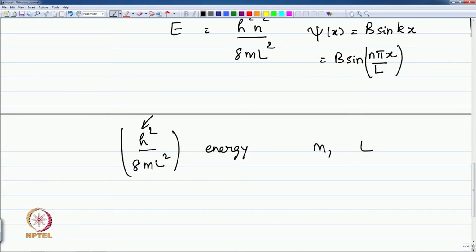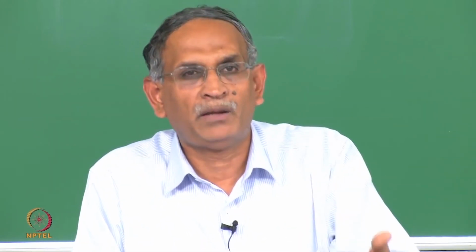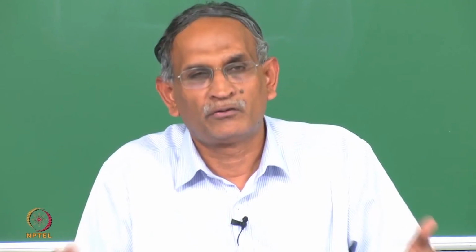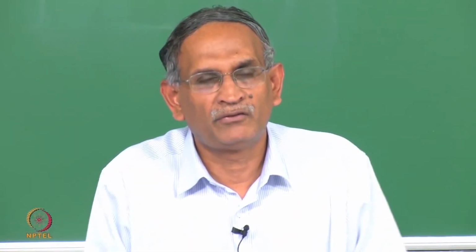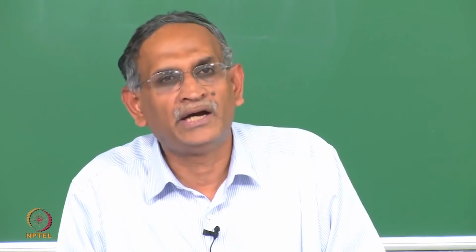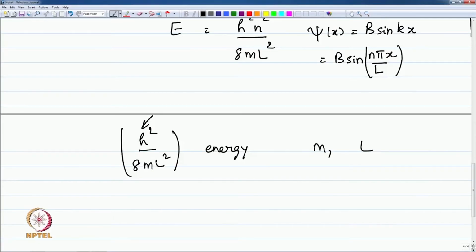So, now the energy seems to be quantized in terms of the two physical parameters that we introduced, whether a heavier particle or a lighter particle, in a smaller box or in a larger box, but with all the other conditions being the same, namely potential being 0 inside, the potential being infinite outside. Given that, you see that the energy is discretized and the energy is in the units of h squared by 8mL squared.